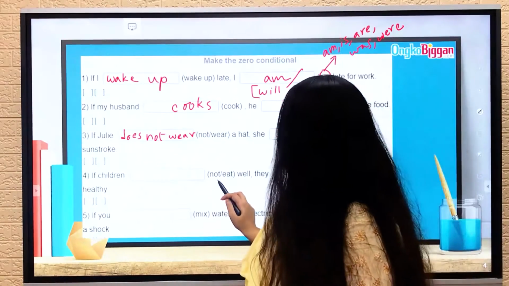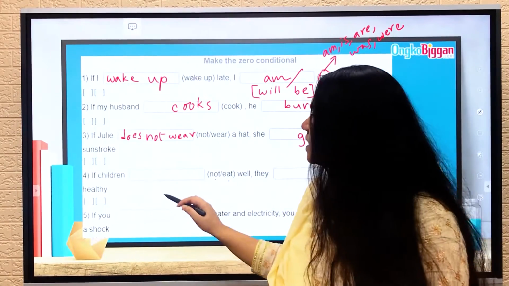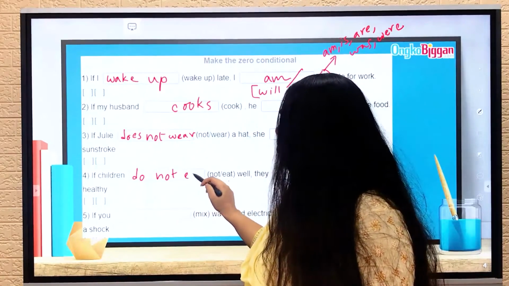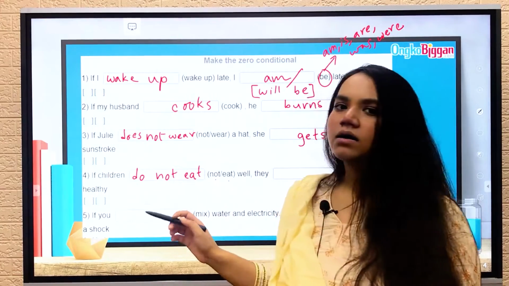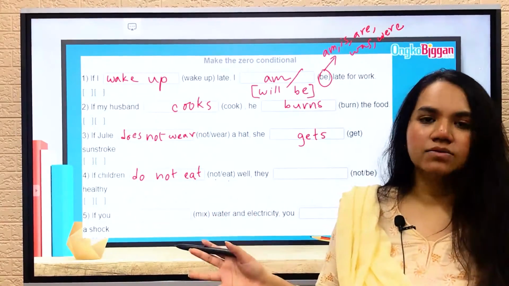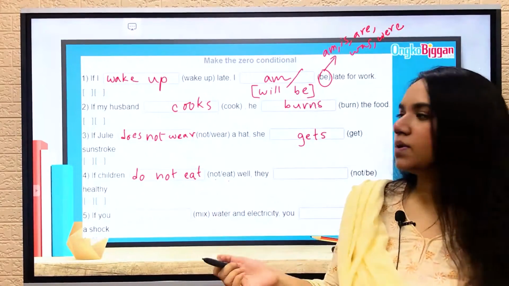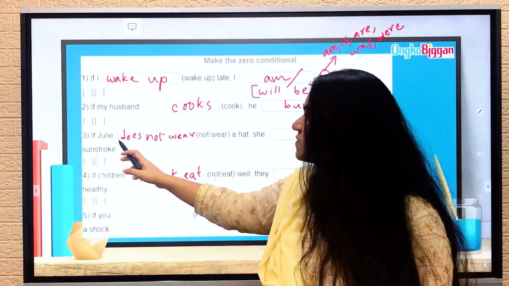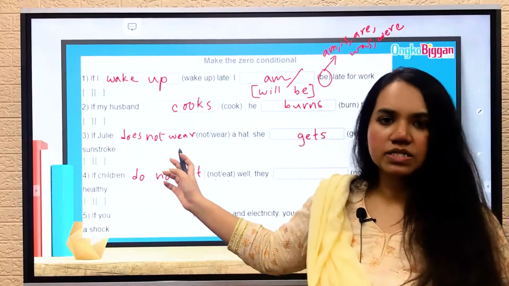If children, then you see not eat here. So if children do not eat, you also have to understand the number of the nouns, whether they are singular or plural. Because children here is plural, I must use a plural verb. And vice versa, Julie is singular, so I have used a singular verb.